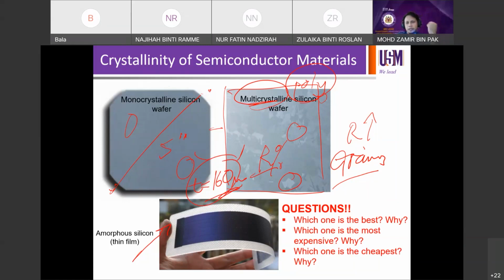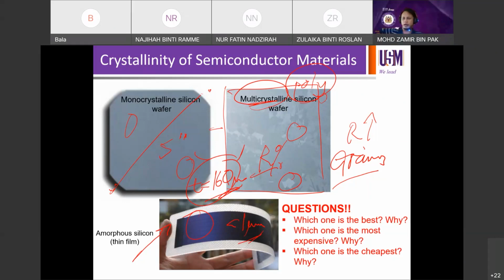But for amorphous silicon, the silicon or some other material which is amorphous in nature, they are usually very, very thin, less than 1 micron in thickness. Since they are very, very thin, they cannot stand on their own. Maksudnya dia, kalau you pegang kertas kan, satu kertas, A4 paper, kalau pegang macam ni kan dia dah flex kan.